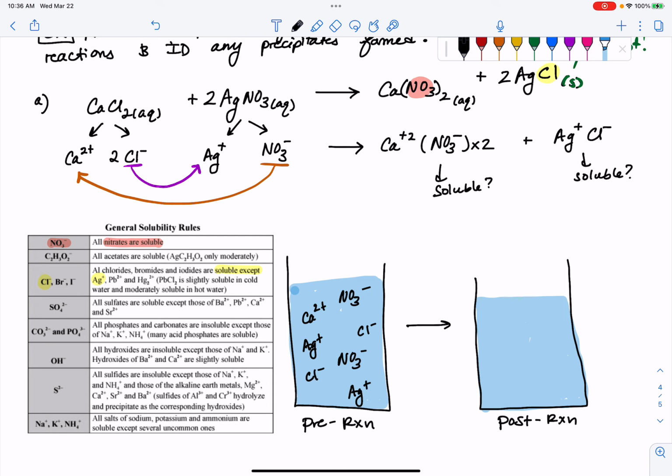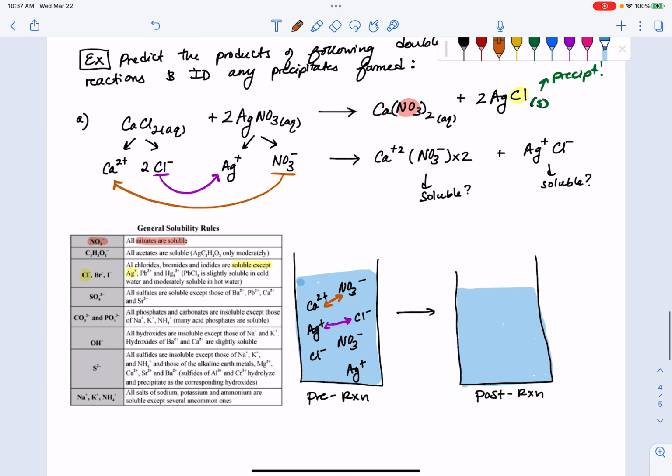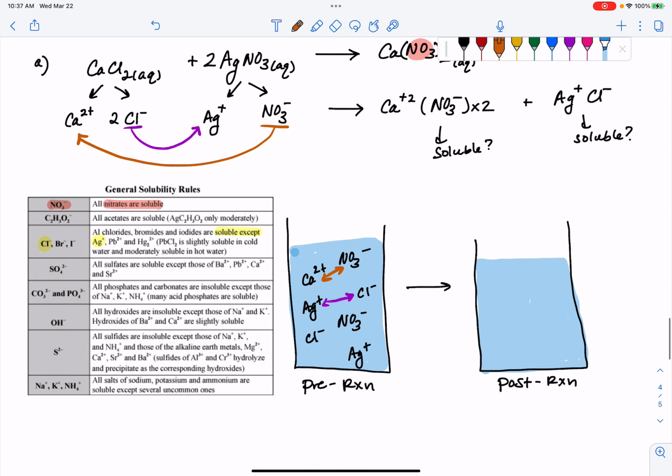Okay, as a result of my double displacement, I'm going to see now association between my silver and chloride ions as well as my calcium and nitrate ions. And we used our solubility rules to determine if that association results in the formation of a precipitate or a solid or an insoluble product.